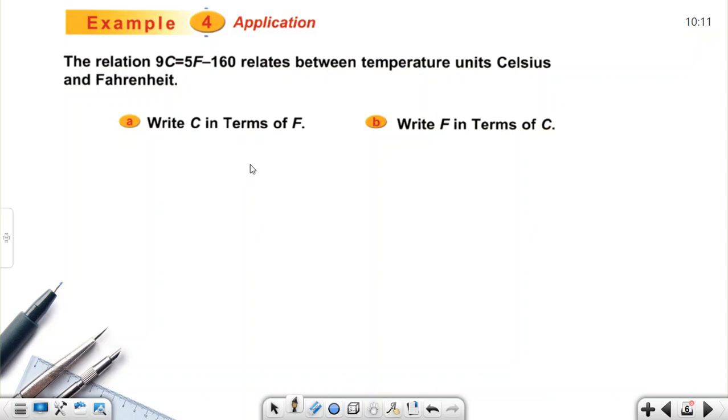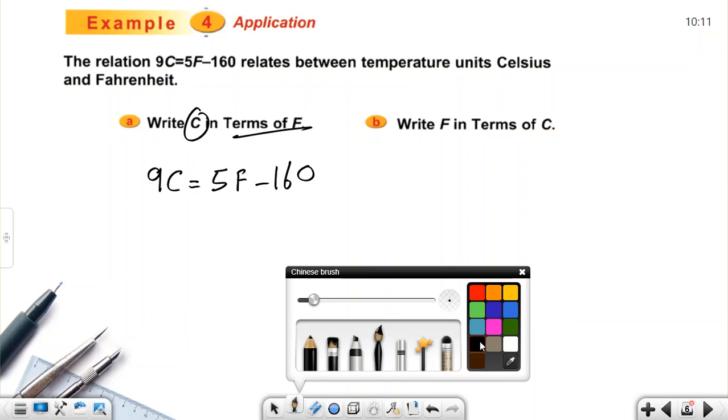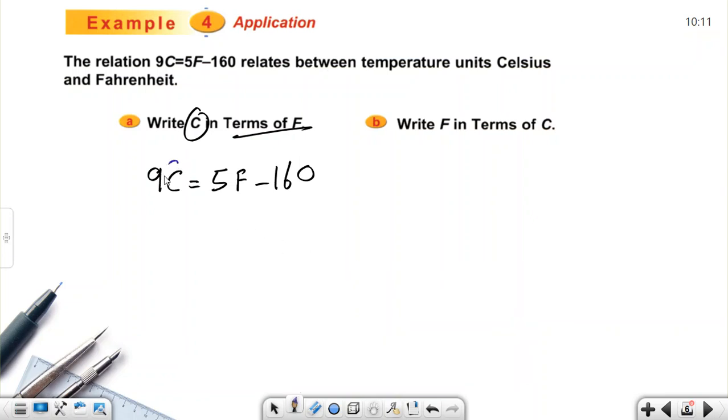Okay, there is a relation between Celsius and Fahrenheit. The rule says 9 times Celsius equals 5 times Fahrenheit minus 160. So write C in terms of F. I need to isolate C. Where is the C? Here. It has a coefficient 9. So I divide both sides by 9, all of them, of course.